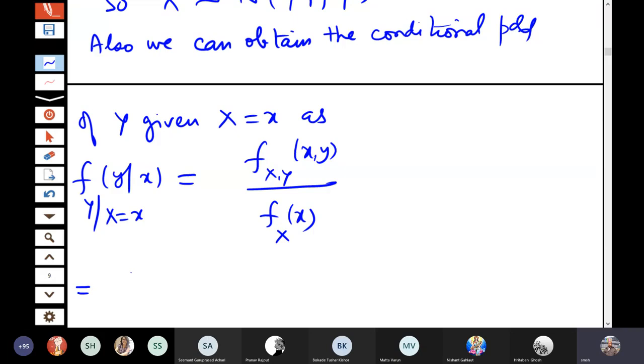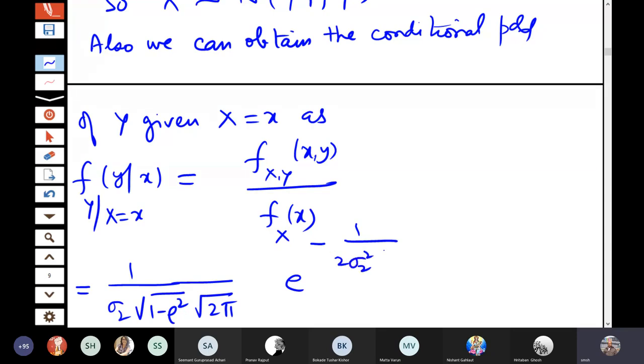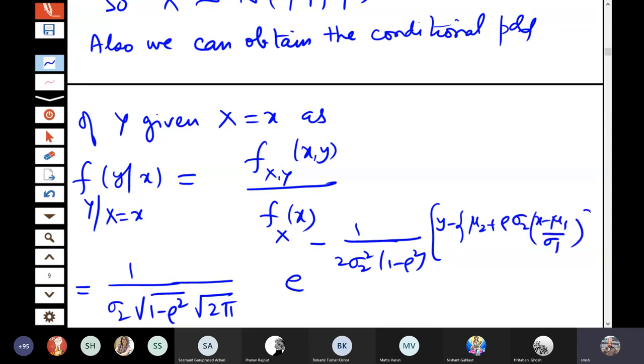So this term gets exactly cancelled out and you are left with 1 by sigma 2 root 1 minus rho square into root 2 pi, e to the power minus 1 by 2 sigma 2 square 1 minus rho square, y minus mu 2 plus rho sigma 2 x minus mu 1 by sigma 1, whole square, which is nothing but a normal distribution with this mean and this variance.